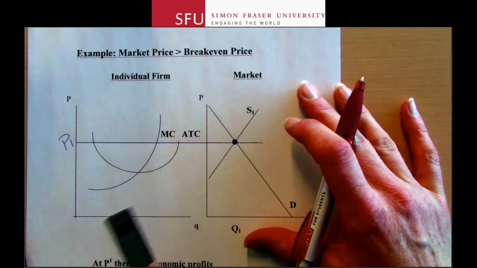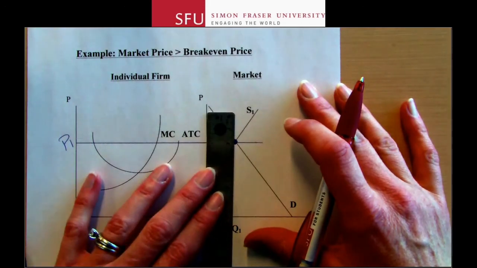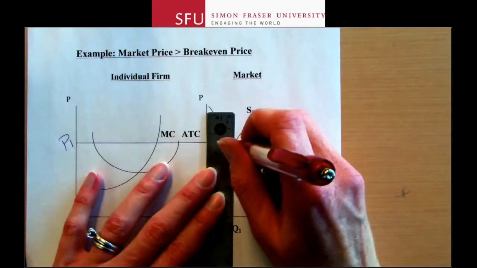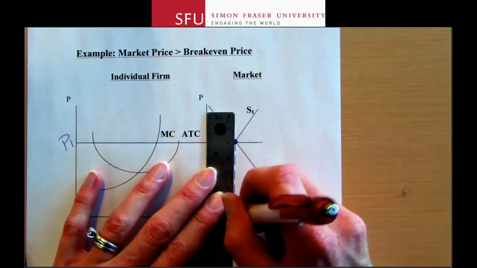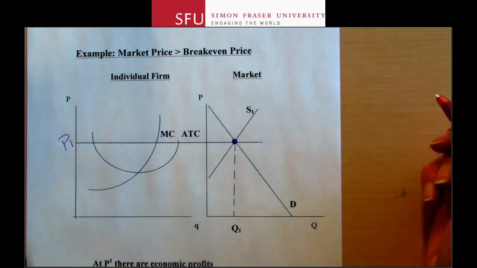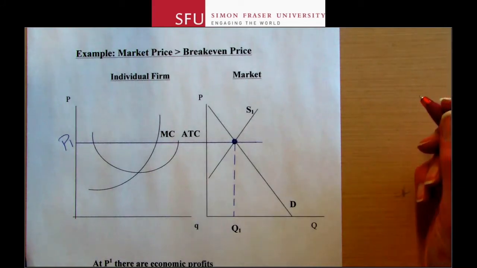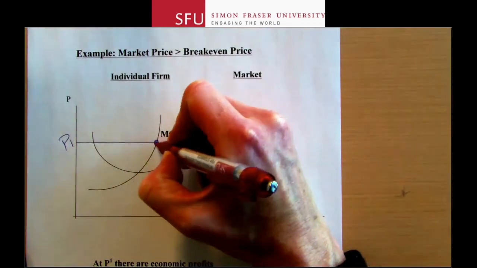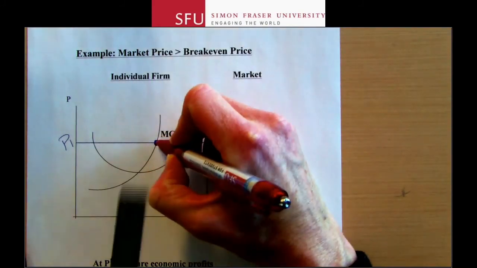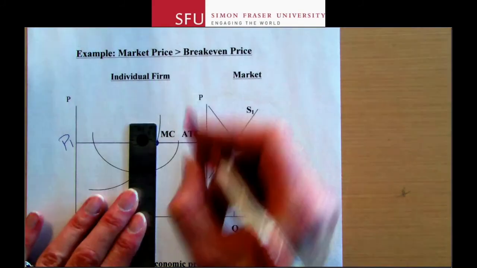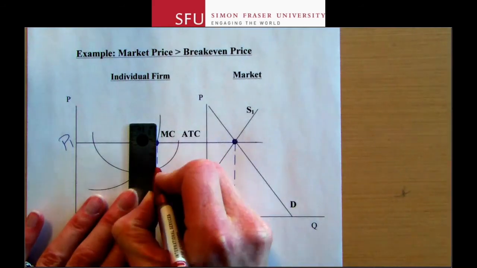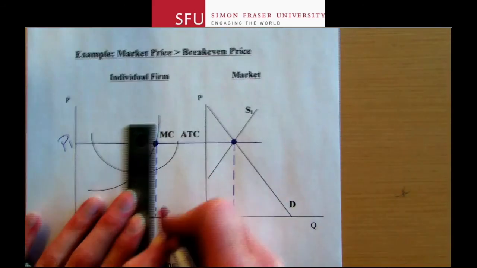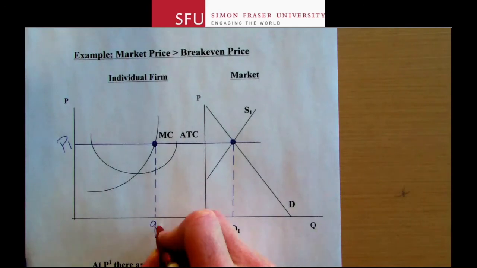So the next thing, the quantity in the market is Q1. And then for the individual firm, the quantity that they're making, we've got lowercase q for the individual quantity, is where this price equals their marginal cost. So that's right here. So label that little q1.